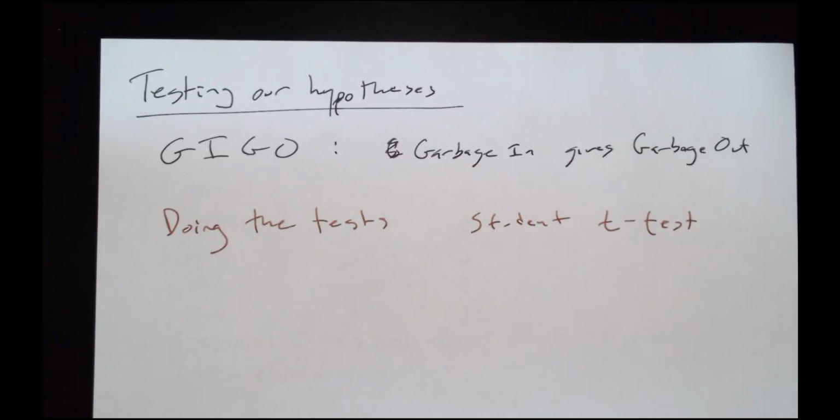You have small samples, but you don't necessarily know a lot about the samples. You end up having to make some distinctions. So Gossett worked with, at one point, a sample of basically 3 items. And he still developed this idea of a test. So the company that Gossett worked for wouldn't let him publish under his own name. He had to publish it under Student. Gossett worked for Guinness Brewing.